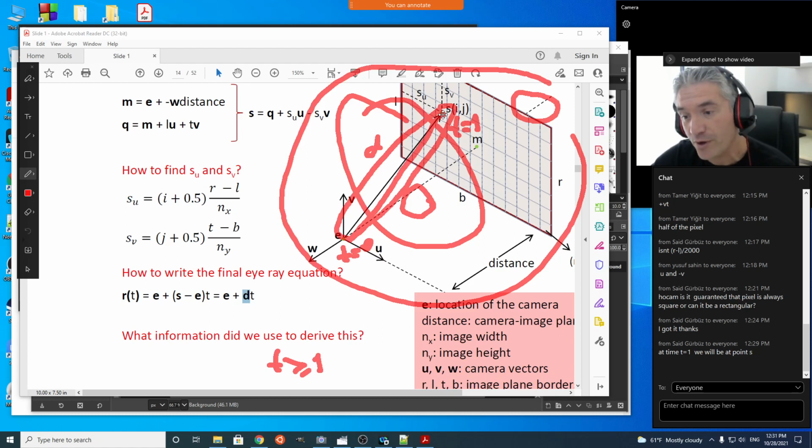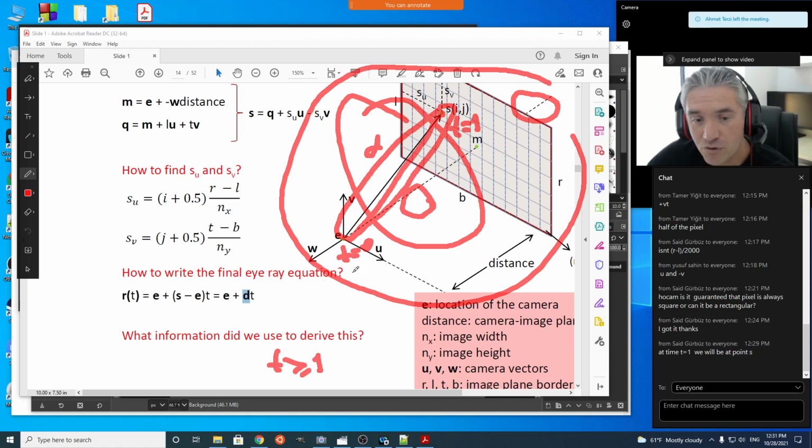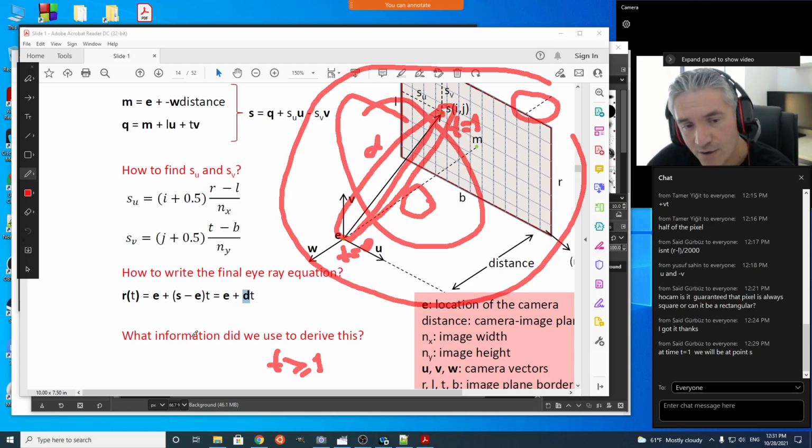So that's a very good point. When t is equal to 1, we will be at point S, right at our image plane. You may also say that if there's a sphere inside my camera, I also want to see it. If you do that, you don't need to have this. But what if you find an object intersection at t equal to -5?